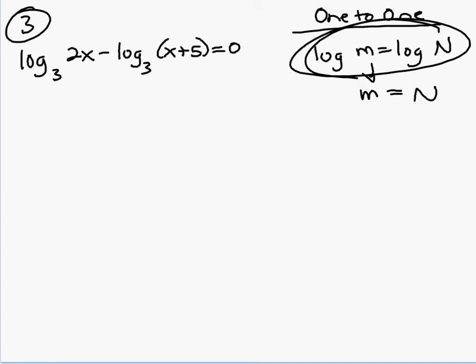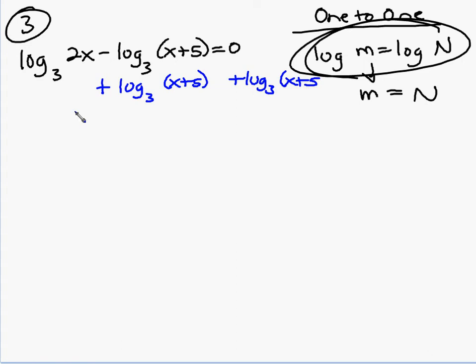What I can do here is add this whole log expression to both sides, like that. And if I add it to both sides, then I have the one-to-one property.